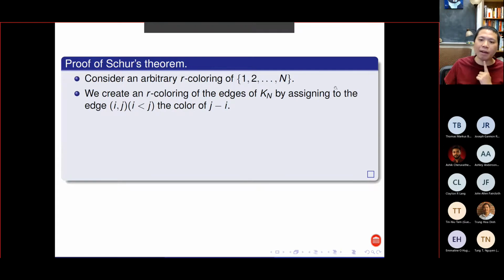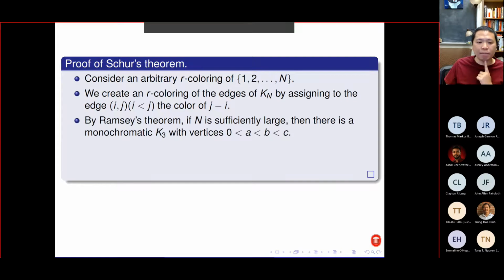So if we have a coloring of these integers, then we have a coloring of the edges of the graph. And by Ramsey's theorem, if n is sufficiently large, then I can find a monochromatic triangle, K3. And the vertices of that triangle are numbers a, b, and c. So let's now look back at the way we colored this graph.